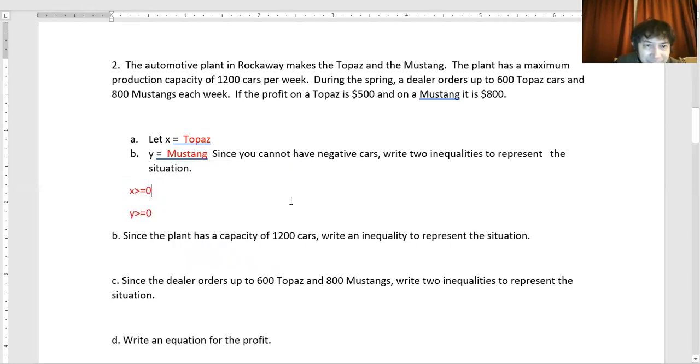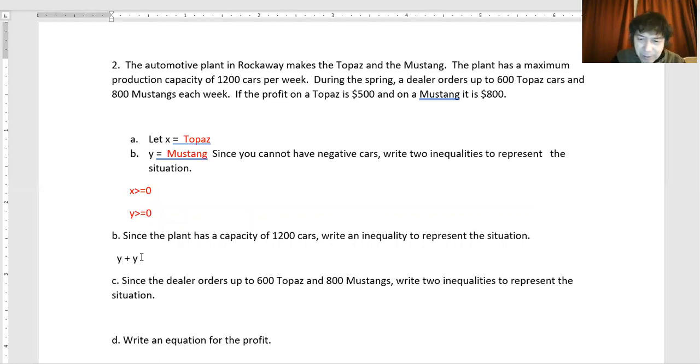All right, so letter B, since the plant has a capacity of 1,200 cars, write an inequality to represent the situation. So capacity of 1,200 cars means it cannot exceed 1,200 cars per week. And so we shall just add the Topaz to the Mustang.